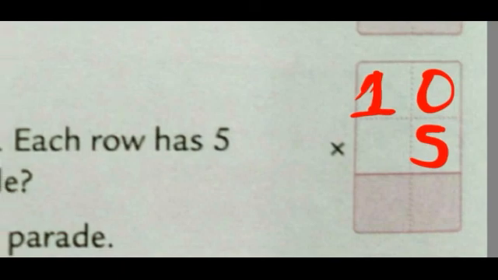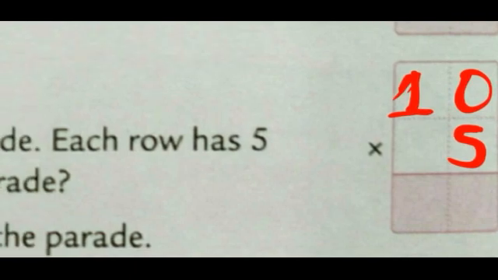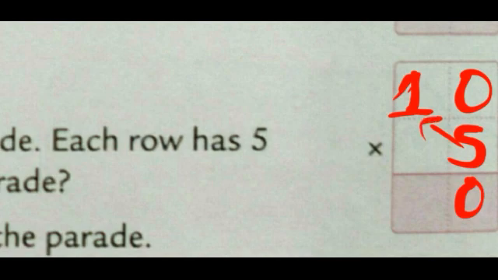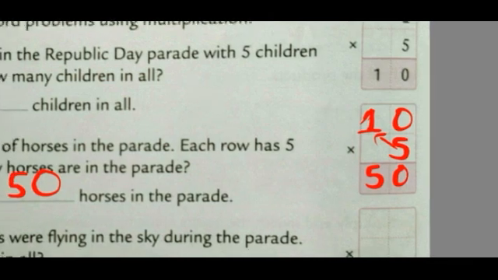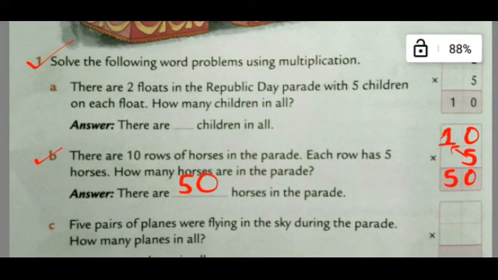So starting from here, 5 zeros are... When you multiply 0 with any number, you will always get 0. So 5 zeros are 0. And what is 5? Now we have to multiply this way. 5 ones are 5. So the answer is 50. That means 50 horses were there in the parade.